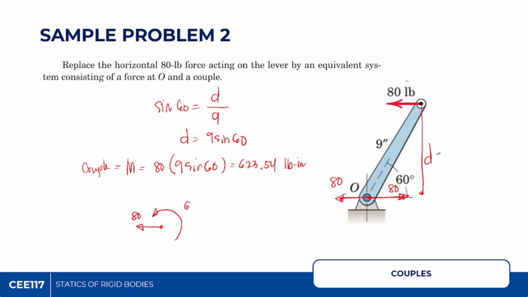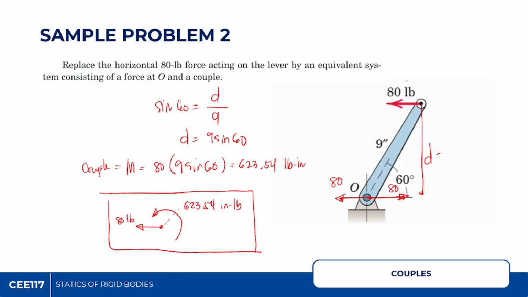So, this one would be 623.54 inch-pound. And this one, sorry, that is 80 pound. Okay? So, basically, this is your answer for that problem. Did you get it? Okay, free body diagram now. You just need to convert or replace the 80 pound horizontal force acting on this end into a single force and a couple system. Okay, that's our answer here.